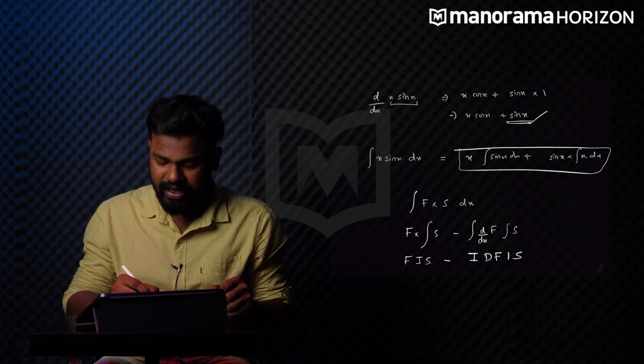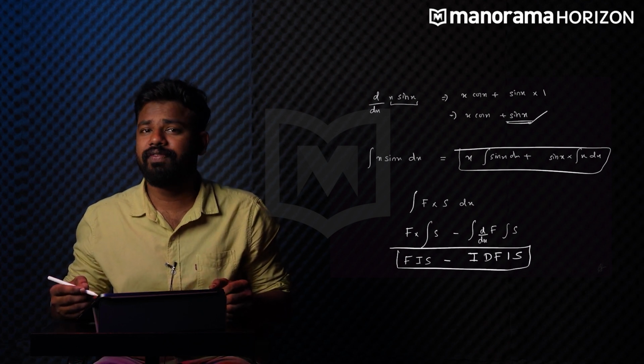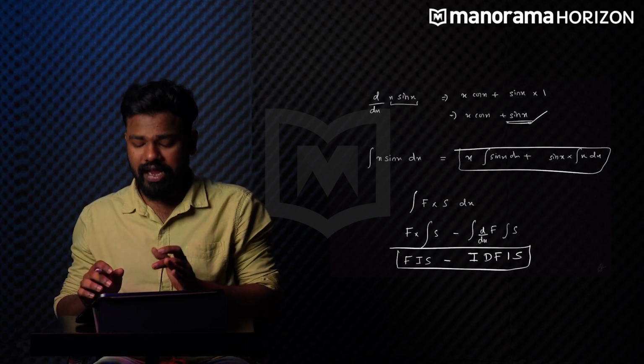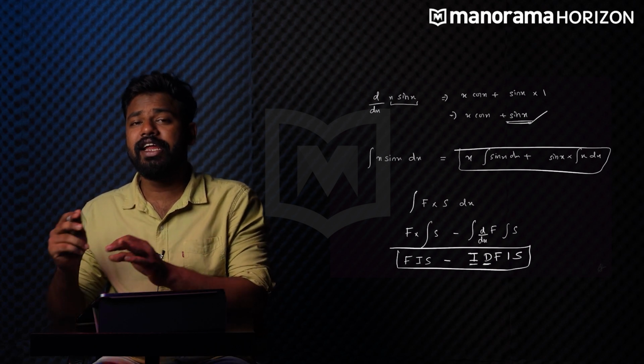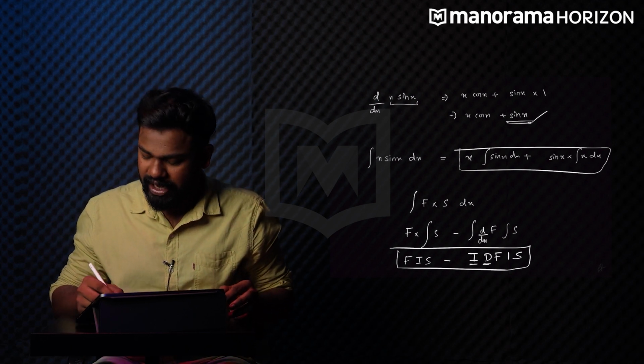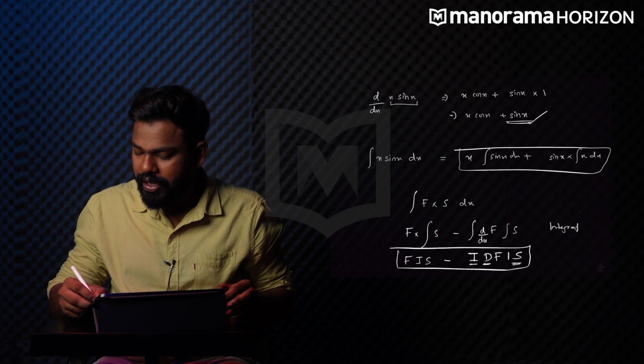So I can also write it in short as FIS minus IDFIS. What is this FIS minus IDFIS? First into integral of second minus integral of derivative of first function into the integral of second function, and this is nothing but integration by parts.